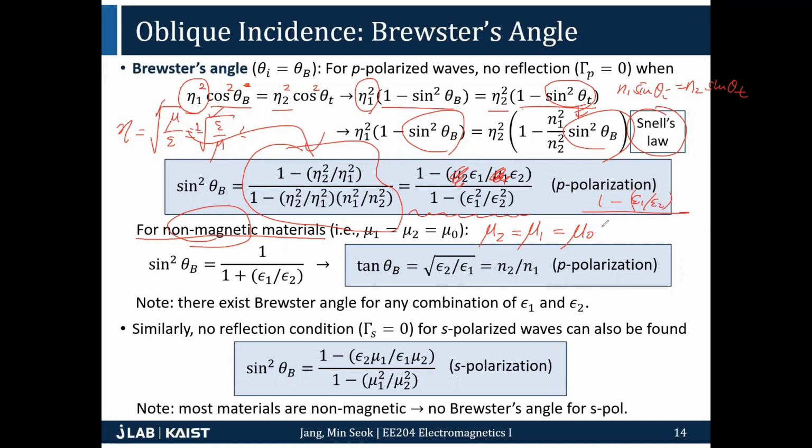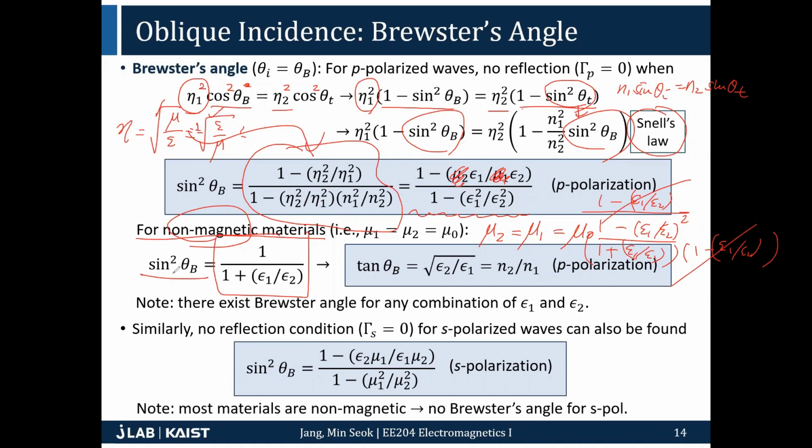And then here, the denominator is 1 minus epsilon 1 divided by epsilon 2 squared. And then this is just basically 1 plus epsilon 1 divided by epsilon 2 multiplied by 1 minus epsilon 1 divided by epsilon 2, right? So these two cancel each other out, and we end up having this. Very simple form, right?